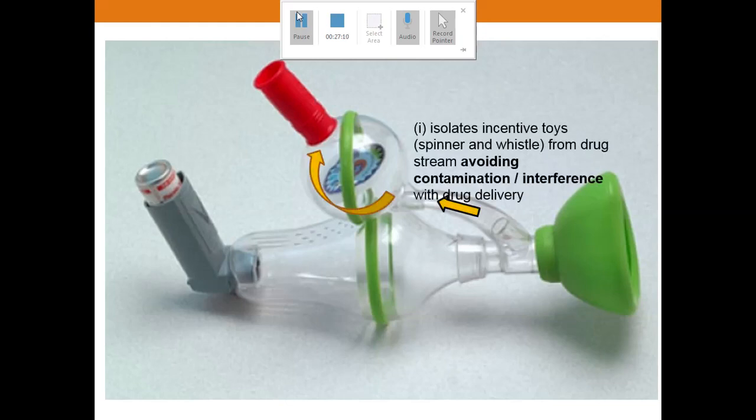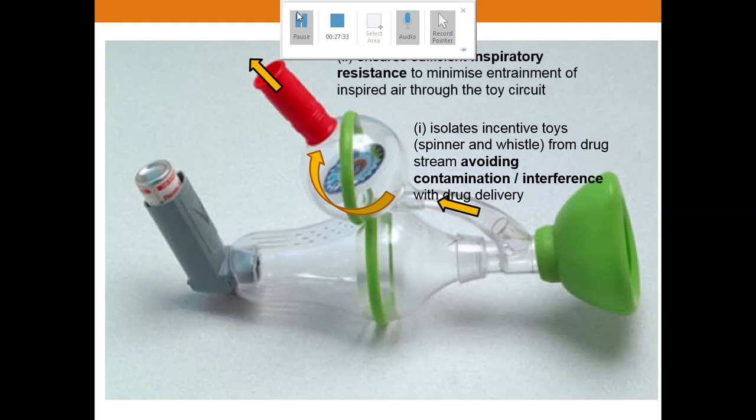Okay, so they avoided this becoming contaminated with drug delivery. So where the yellow arrow begins, the one going round, there would have been a valve to prevent the air from going both ways.